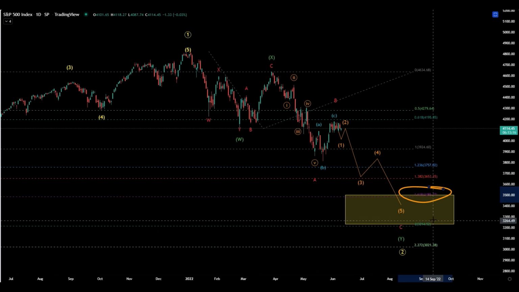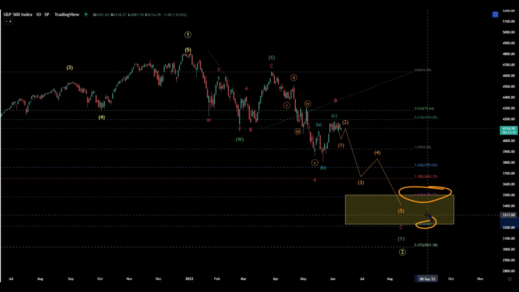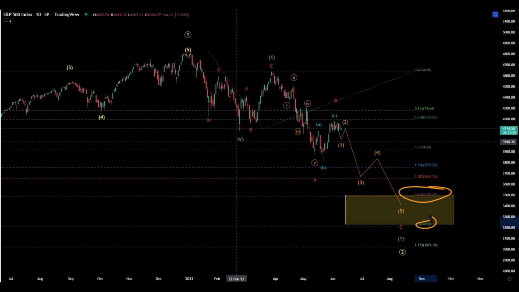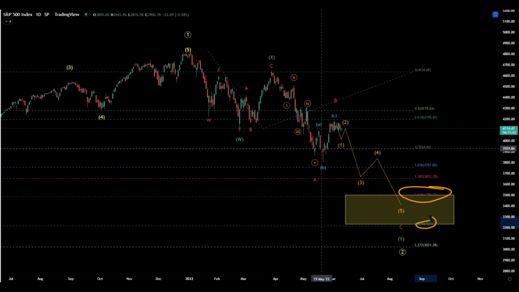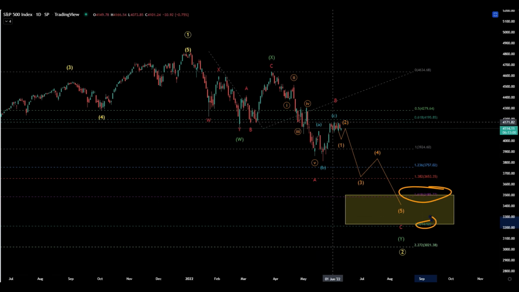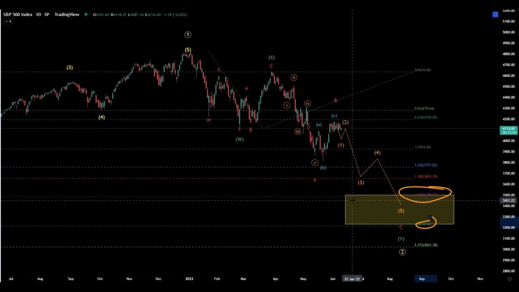Okay, and I essentially drew this to the 200 extension, because we're not dealing with a simple pattern like this one. I wouldn't expect to go more than a 1.618 on this simple little flat here. This is a complex pattern. And complex patterns, that's where I draw my box, between the 1.618 and the 200% extension.